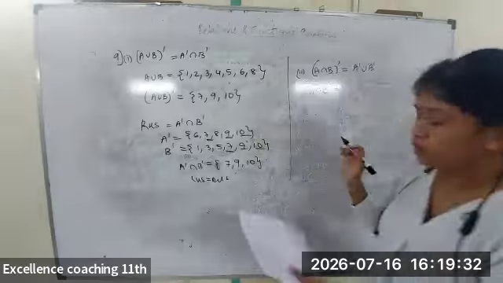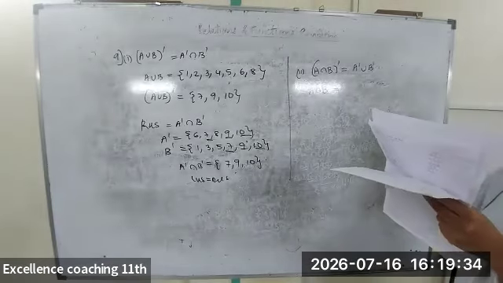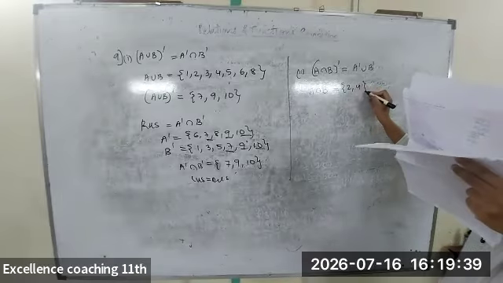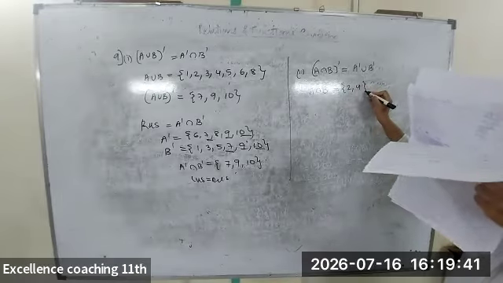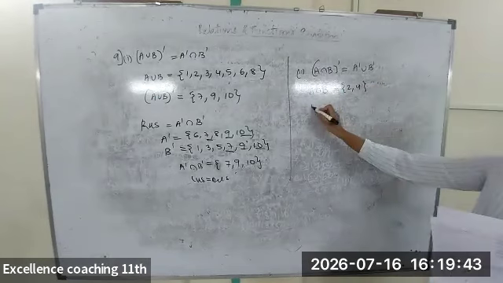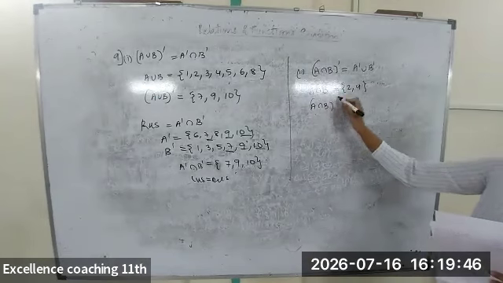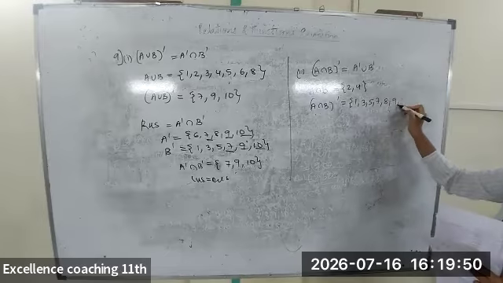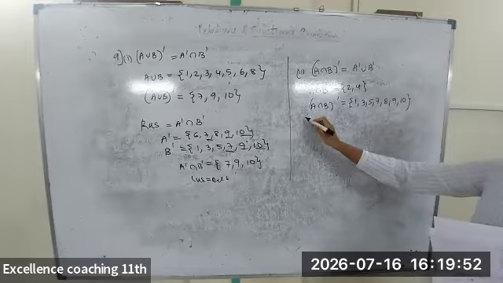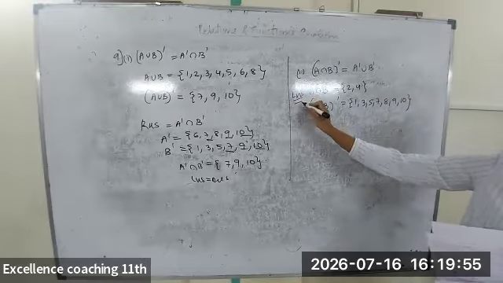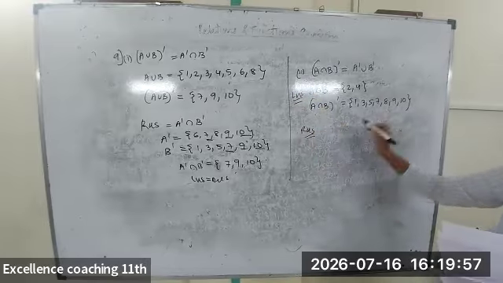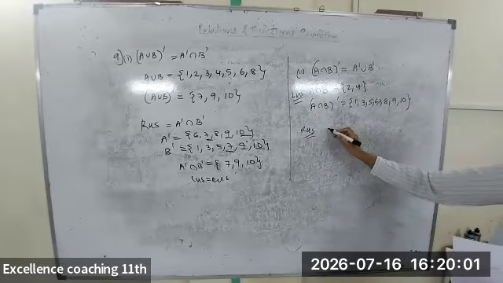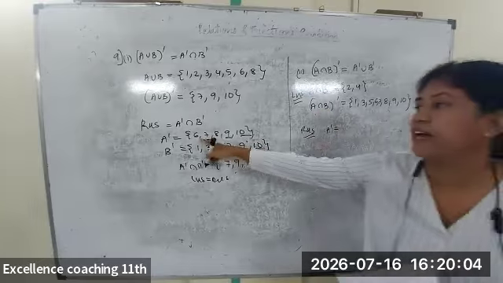A intersection B. What is common between A and B? 2 and 4. Only 2 elements. Okay. 1, 3, 5, 7, 8, 9, 10. This is your left hand side. 6 is also there. A complement we already have here.